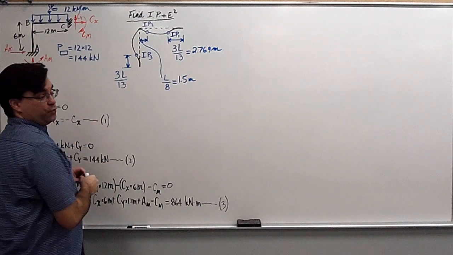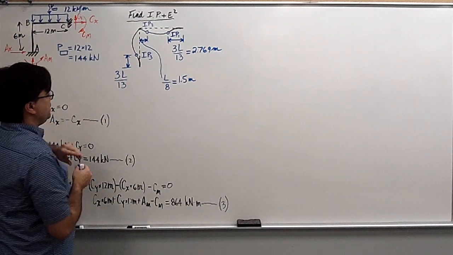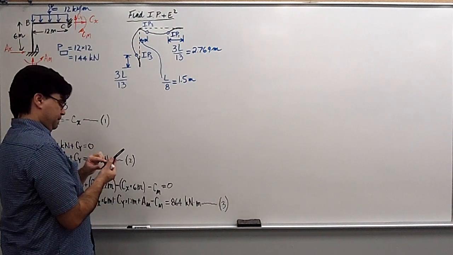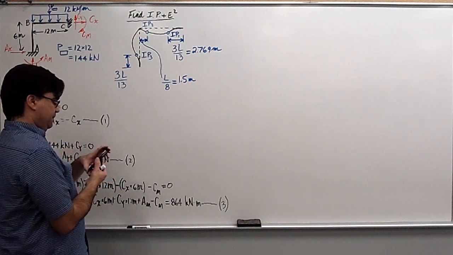And this here, 3L over 13, uses 6 meters, because that's the L for it. So 3 times 6 divided by 13, 1.385.